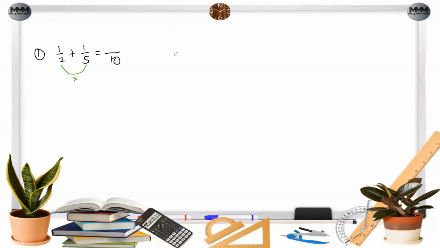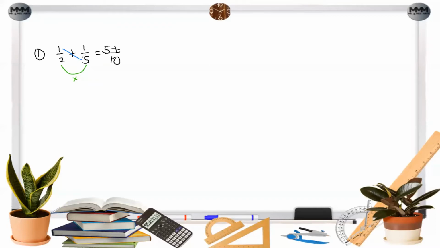And then to get the other, all we need to do is multiply 1 and 5. Notice that 1 is the numerator in the first fraction, and 5 is the denominator of our second fraction. So 1 times 5 is 5.